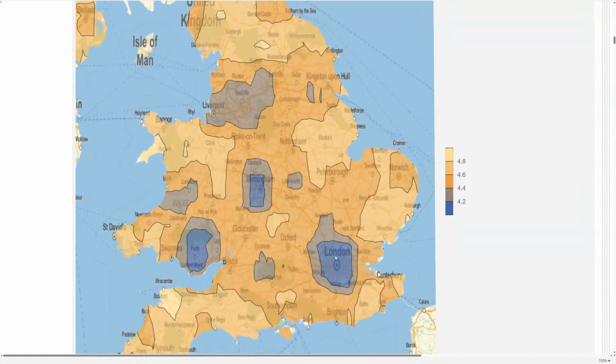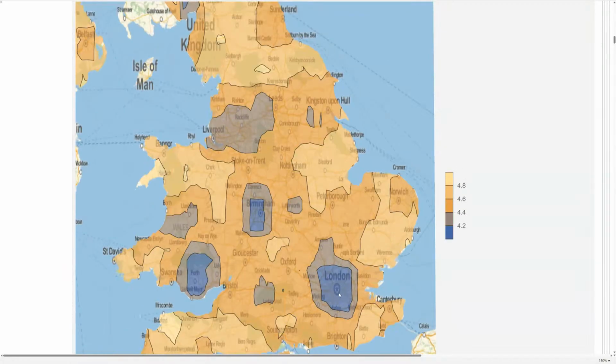The whole nation map will just be the same. It seems like for bigger cities it is more concerning, and for rural areas the food hygiene rating is higher.